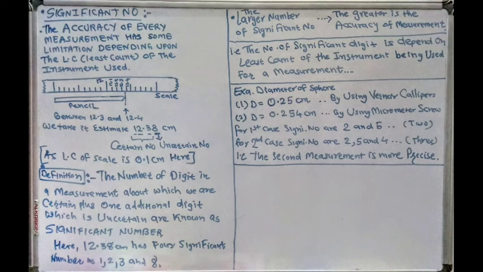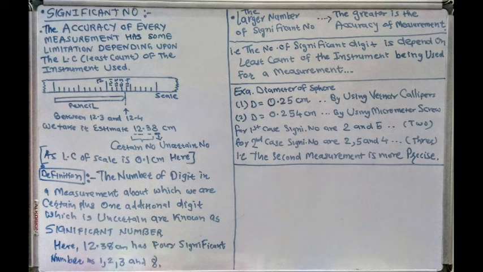So, what are significant figures? The number of digits in a measurement about which we are certain, plus one additional digit which is uncertain, are known as significant figures. In the above example, 12.38 cm has 4 significant digits: 1, 2, 3 and 8.